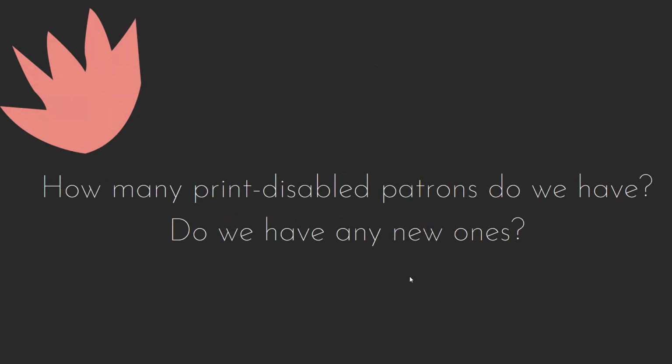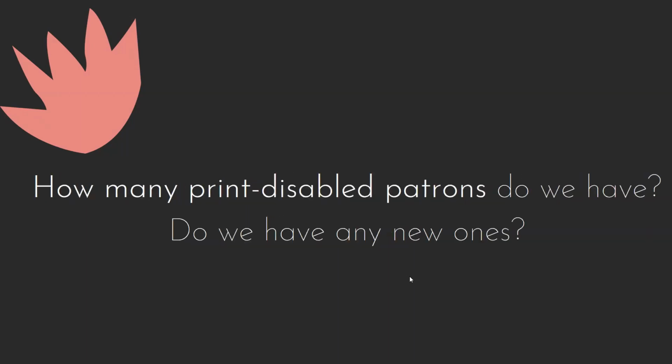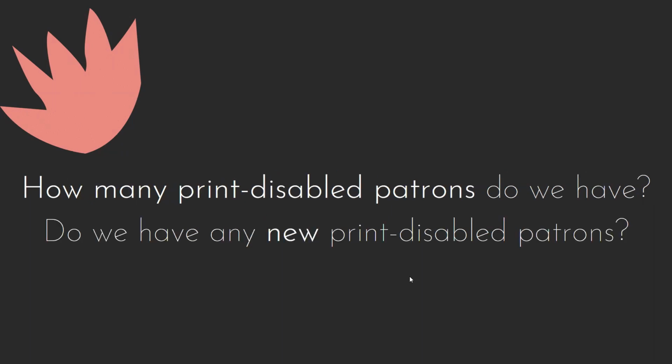So I'm going to start with just how many print disabled patrons you have, or well, it will be you have because you're the only one pulling the reports right now. And if you have any new ones, because you can measure this and then again measure progress. So how many accounts are print disabled patrons, and because we're not measuring anything new, we are just measuring how many we actually have right now, that's going to indicate a count report.